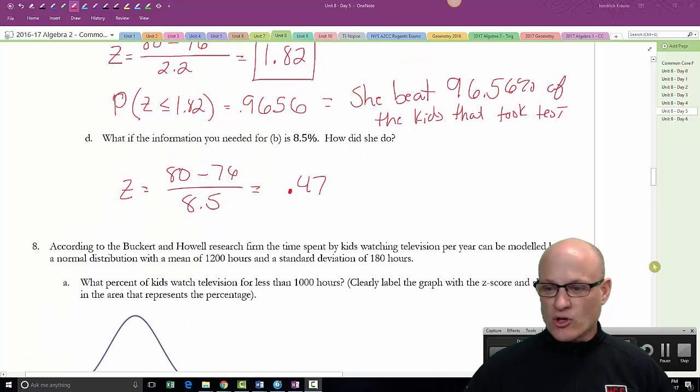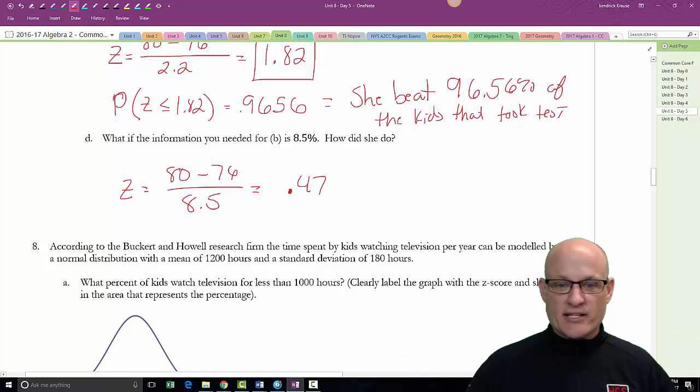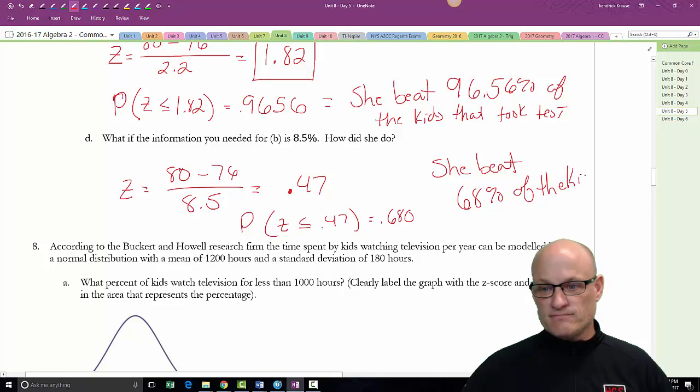If I look that score up, the probability that z is less than or equal to 0.47 is 0.68, something like that, right? Well, what does that mean? Well, she beat 68% of the kids taking the test.